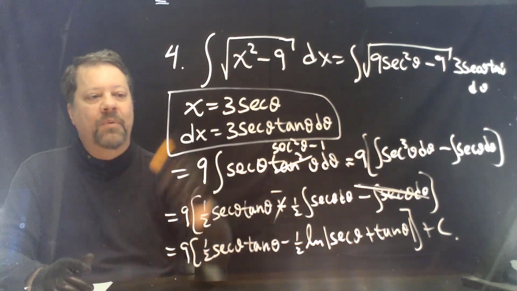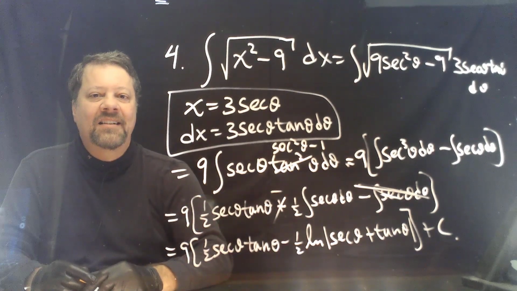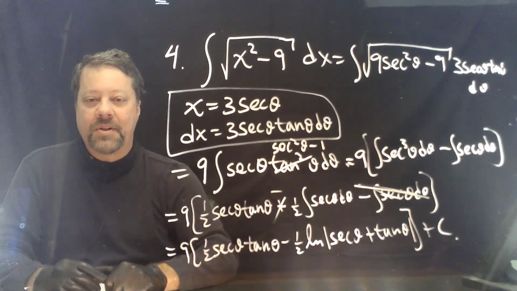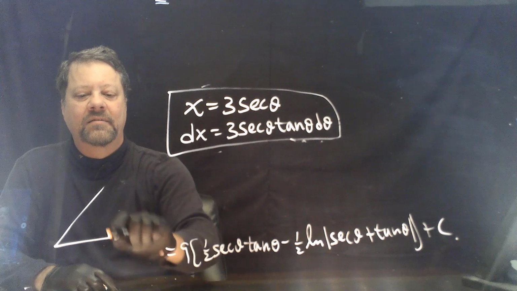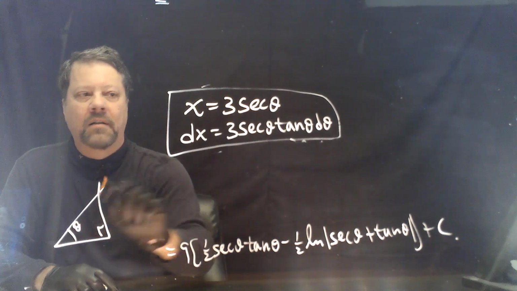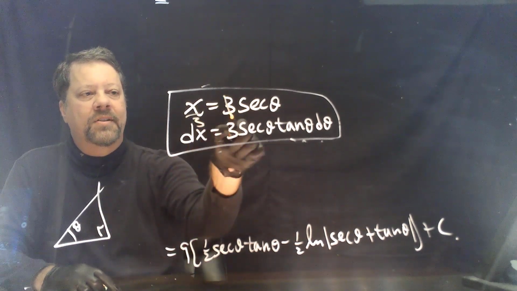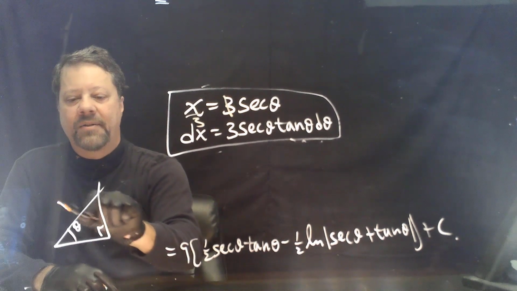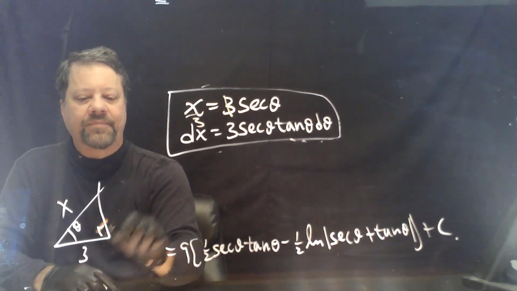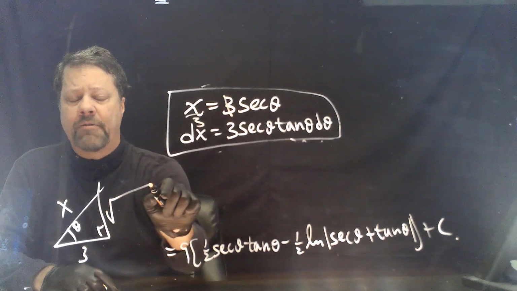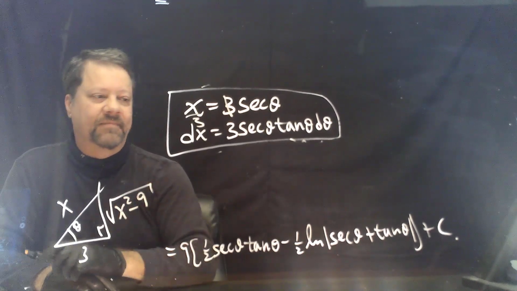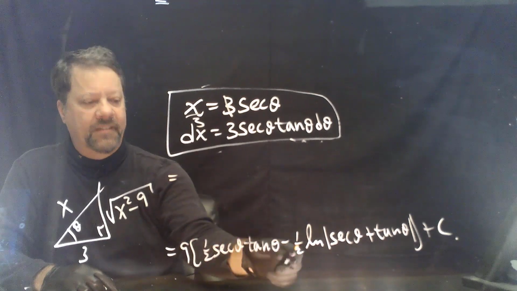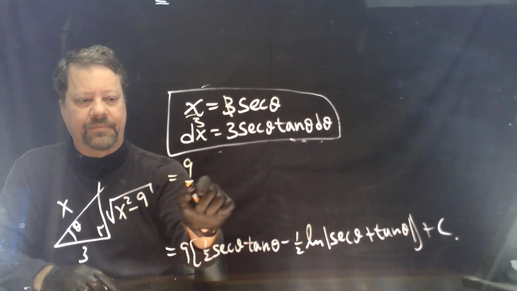It's at this point where we use the triangle again to make the substitution back to x. So the triangle uses secant theta, which is hypotenuse over adjacent. The Pythagorean theorem gives the remaining side to be the square root of x squared minus 9. So we have, I'll factor the 1/2 out.